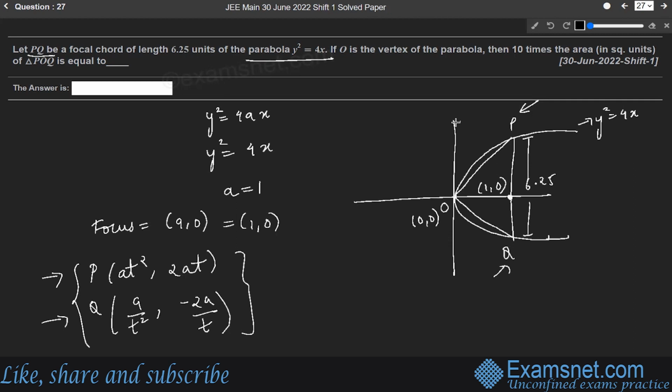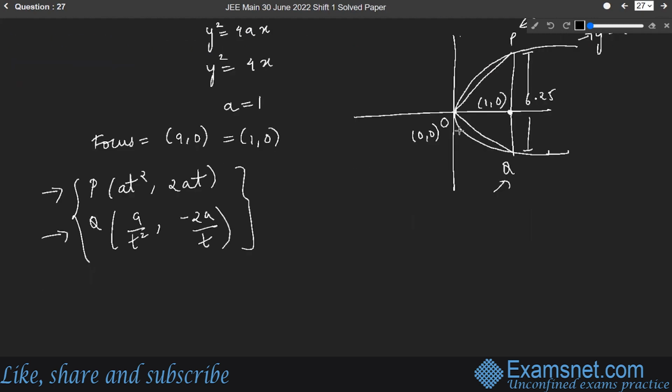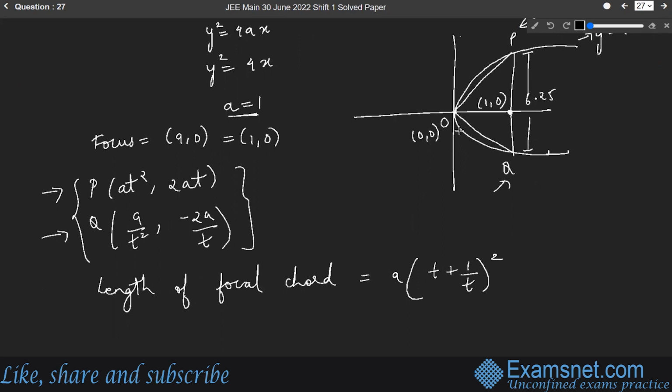Now the length of the focal chord is given, which is 6.25 units. We know there is a very basic formula for the length of a focal chord, and the formula is: length of focal chord is equal to a into (t plus 1 upon t) whole square. We know the value of a. a is 1. So it is 1 into (t plus 1 upon t) whole square.